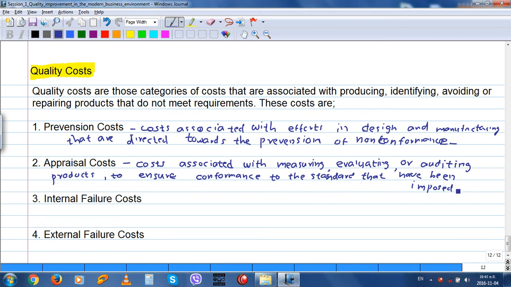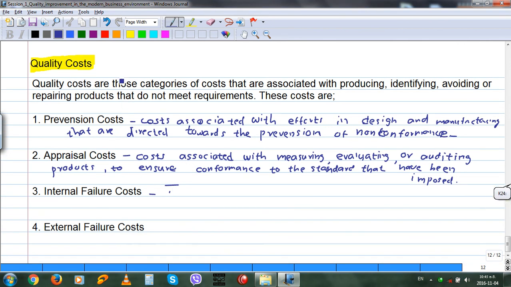Then there are another two types: internal failure cost and external failure cost. As we talked about earlier, internal failure cost means that when products and services fail to meet quality requirements, this failure is discovered prior to delivery.